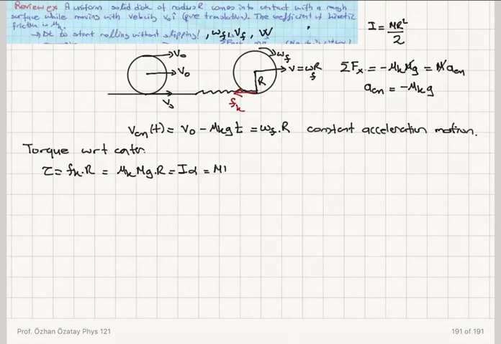The moment of inertia is mr squared over 2 for a uniform solid disk. So this is mr squared over 2 times alpha, because I'm taking the center of mass as the pivot point here. So this 2 will get rid of one of these r's. The m's will disappear. So I will find that alpha is equal to 2 mu k g over r.